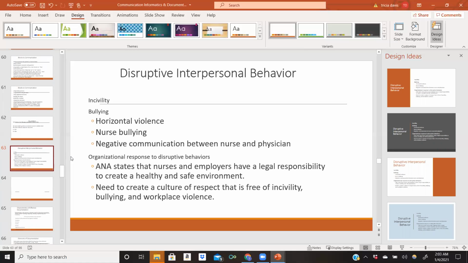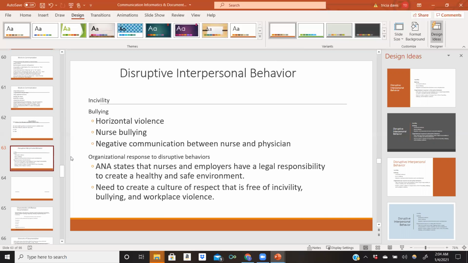So that's when you fail the patient, and you fail to act when you should have done something because you didn't want to be bothered with the coworker, or you didn't want to share information because you don't get along with someone. Incivility is considered by some as a precursor to bullying behavior or even lateral violence. And by others, they think other people just see it as another form of bullying.